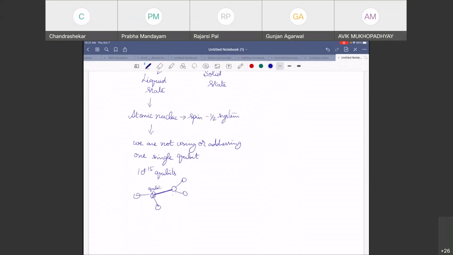Since we are not using one single qubit, our entire quantum information follows a method called ensemble quantum process. I hope you know ensemble, which occurs in statistical mechanics.